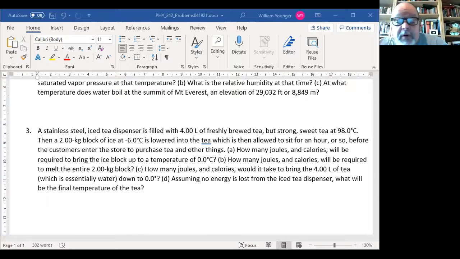B, I want to know ice to liquid. And then C, how many joules and calories will it take to bring the iced tea to 0 degrees Celsius. So C, T to 0 degrees Celsius. And then finally, part D, I want to know the final temperature of the tea.